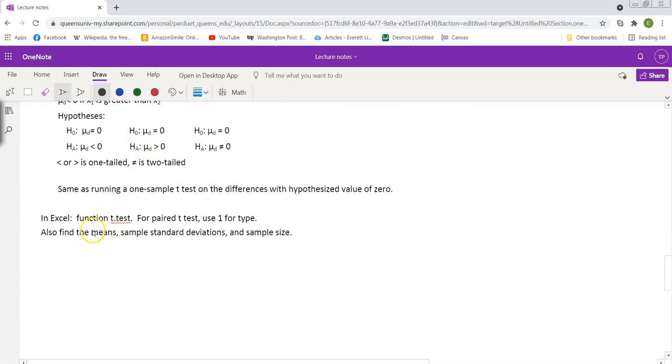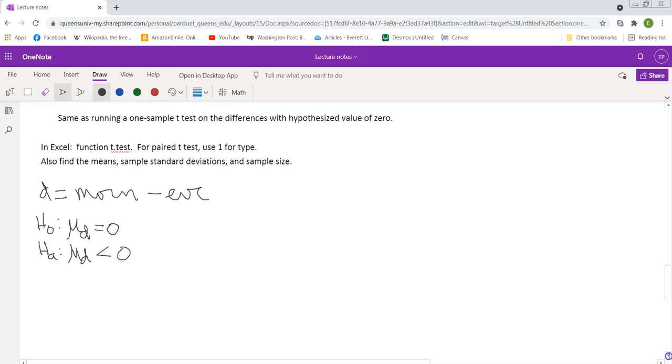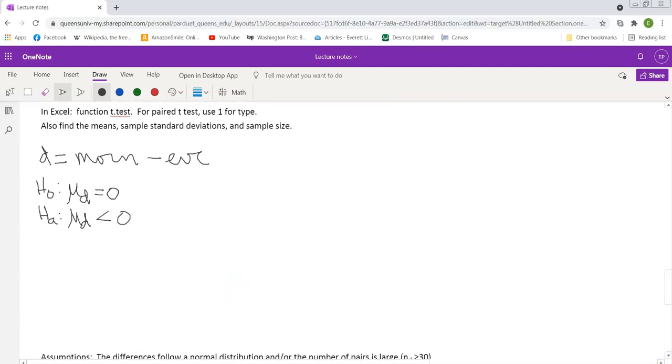So let's go down here and write our hypotheses again. We're first going to write that D is calculated as morning minus evening, because I am going to insist that you show me that. And then we've got our null hypothesis, which is that mu d equals 0, and our alternative hypothesis, which is that mu d is less than 0. And in Excel, we're going to use the same function, the t-test function, as we did before.